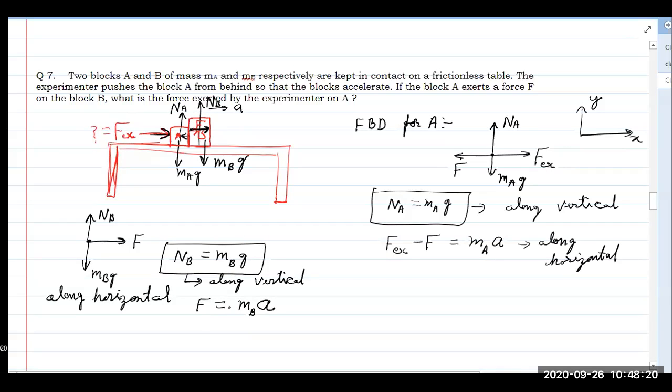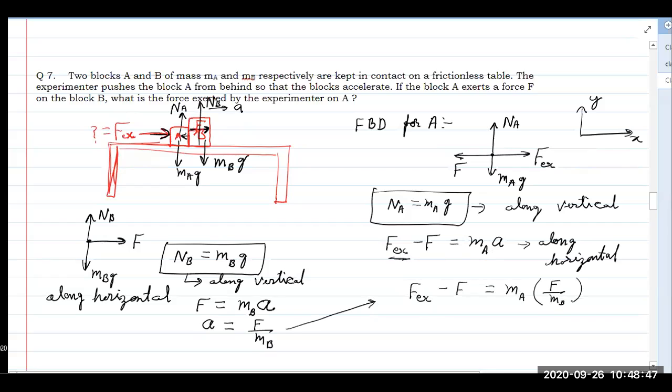Now what are we asked? We are asked to find this F external. For this, F is given in the question, but A is not given. So we will find A from here, that is F by MB, and put this A in the expression F external minus F equals MA times A. At place of A we write F by MB.